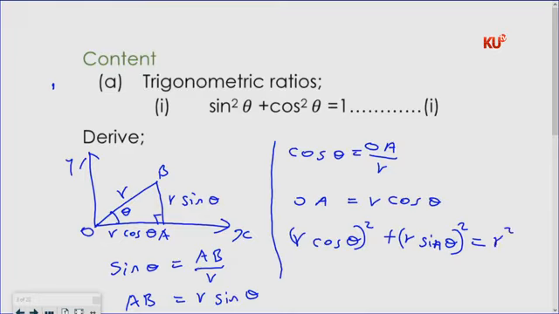Very good. So let's remove the brackets. You'll end up having r squared cos squared theta plus r squared sine squared theta is equal to r squared.